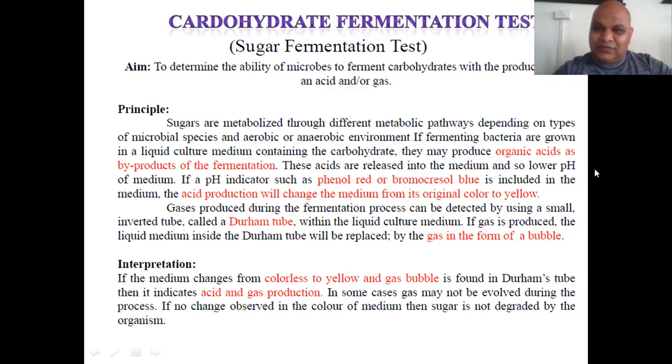When organic acid is produced in any media, the color will change and certain gas will be evolved, and that is the identification feature of the presence of bacteria in the media.